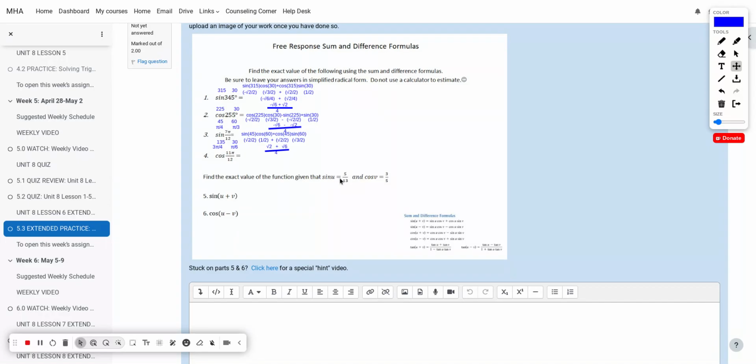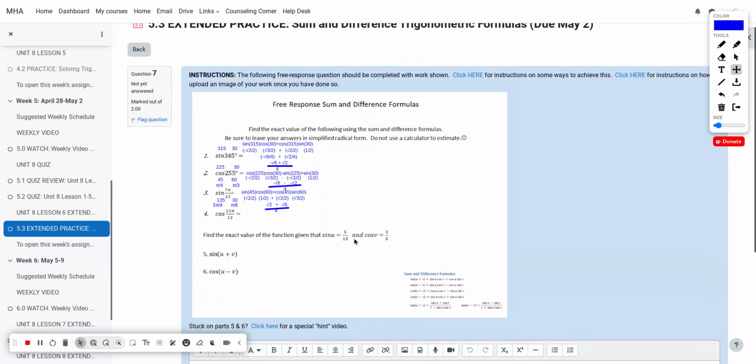Sine of u is 5/13, and cosine of v is 3/5. That one I'll probably make a different video on, because that one actually is a little different. So this is going to be a part 1.